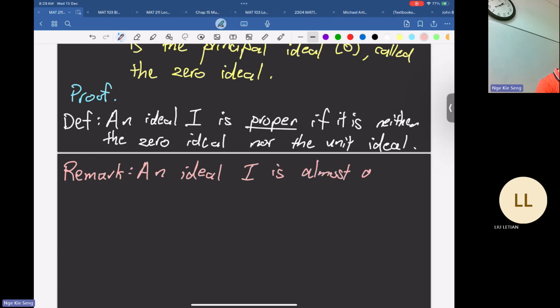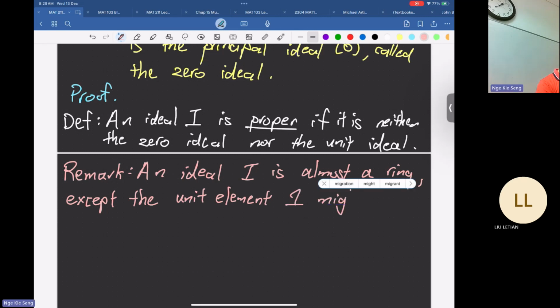You can check all the ring axioms except one: the unit element, one might not be in I. One might not be inside it, because if one is inside there, you will get the whole ring. So one might not be in there.